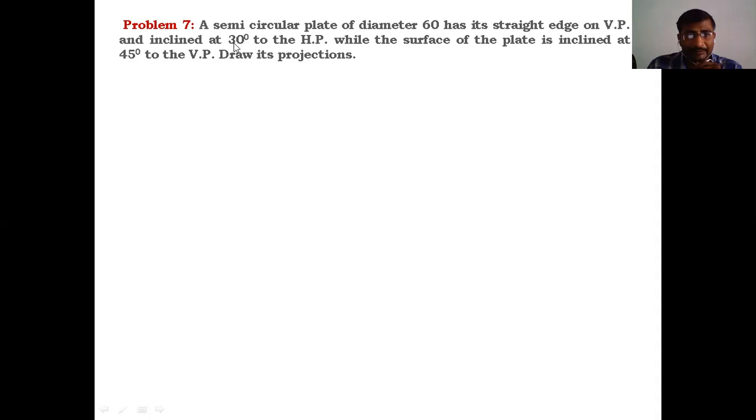In the initial position, the surface of the semicircular plate is assumed parallel to VP, because the surface inclined to VP is given. We have to assume the surface is parallel to VP in the initial position, then we can proceed.